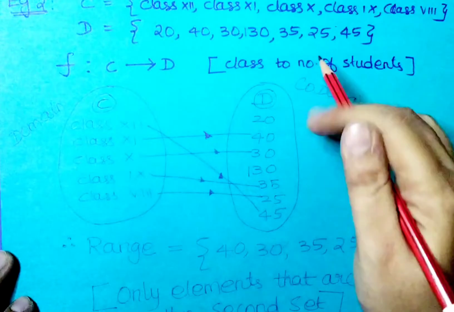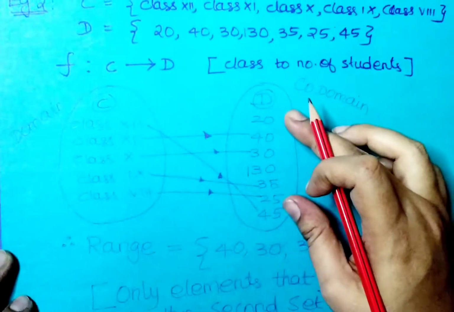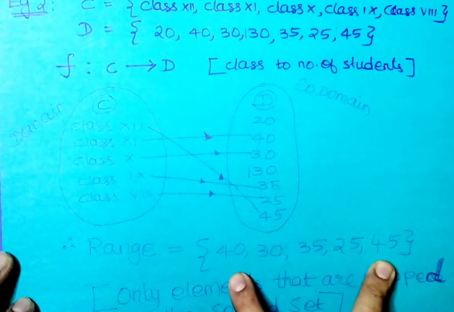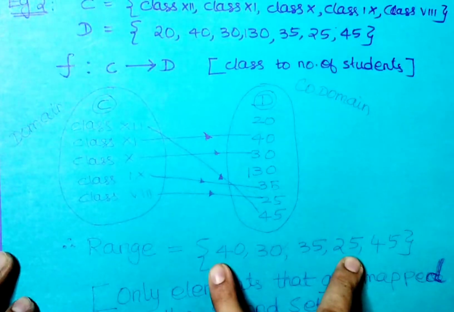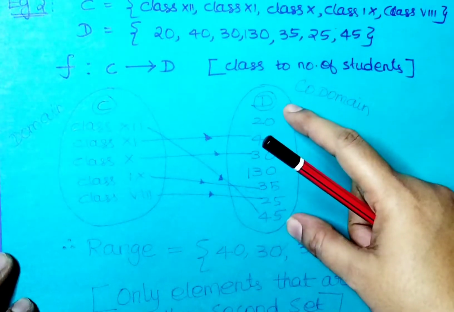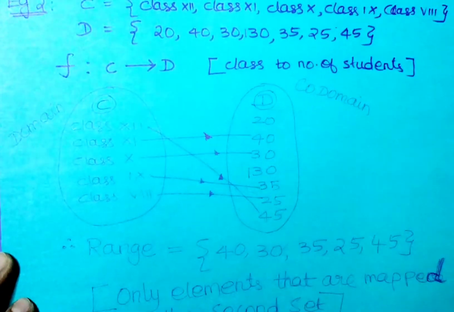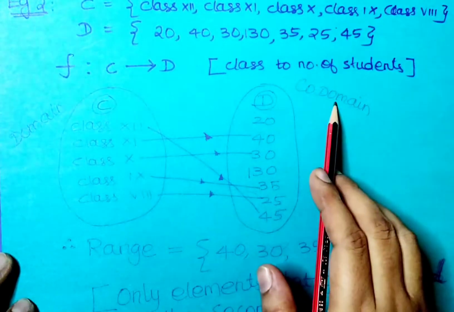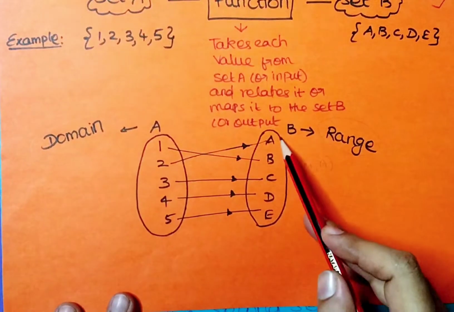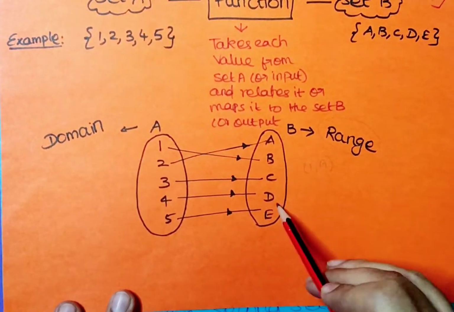So overall the second set is the codomain, and the mapped elements, again written in set braces, are the range. Only the mapped elements in the second set form the range, while all the elements in the second set form the codomain. So codomain and range are equal when, as in the previous example, all the elements in the codomain are mapped, isn't it?